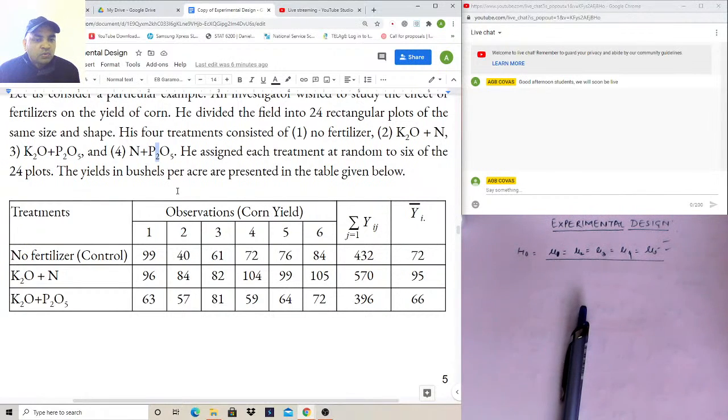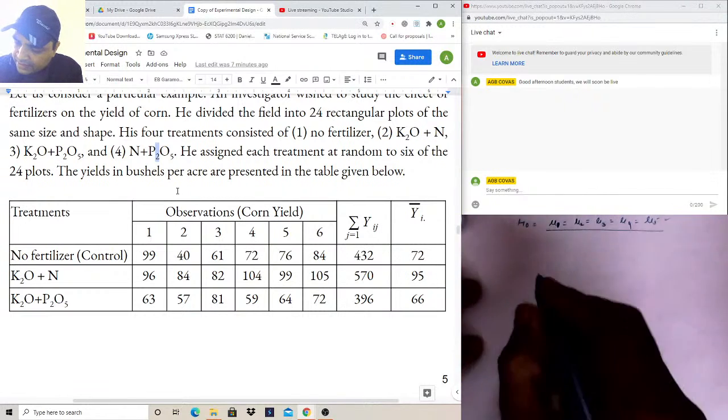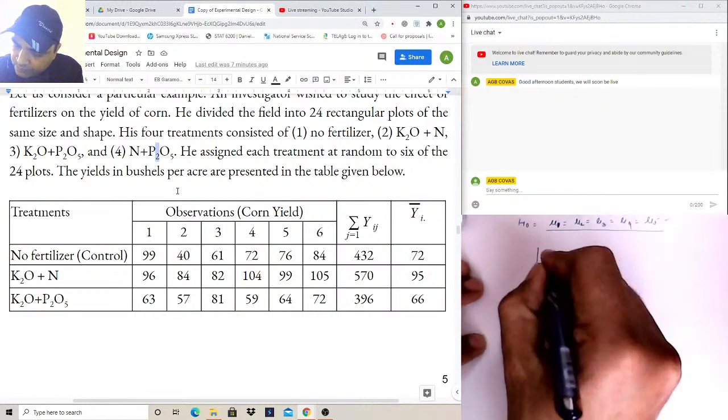So the yield in bushels per acre is presented in the table given below. He has 24 plots, and of those 24 plots, randomly he assigned these 4 treatments. So he does not know which goes where. For example, I will just make this design.